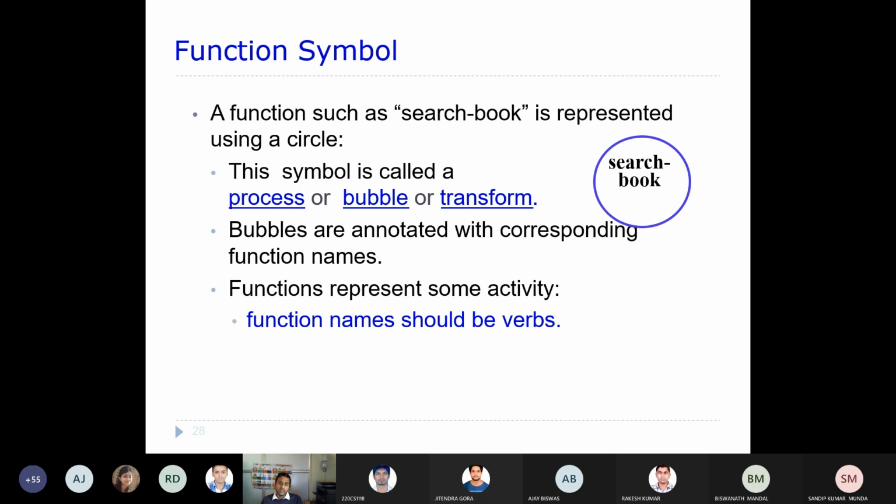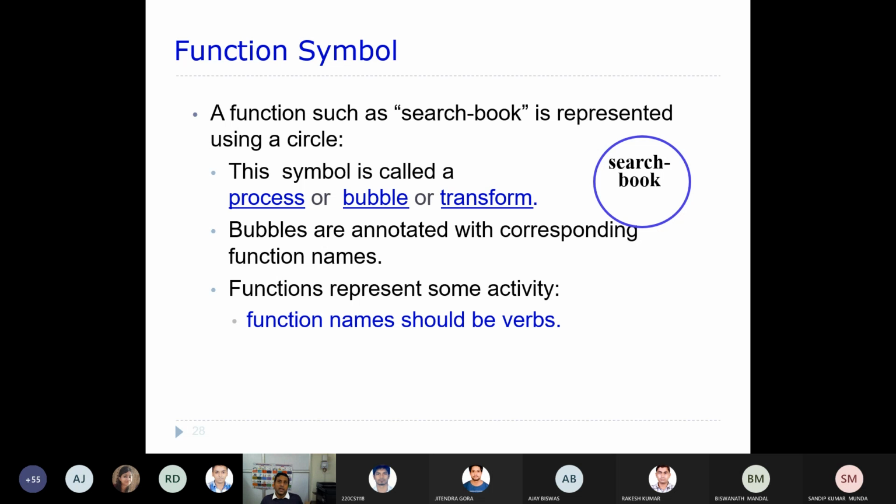I told you at the very beginning, maybe in a previous lecture also, how you can find out the functions that are part of your system. Whatever system functionalities you want in the system will first be converted into some textual descriptions.